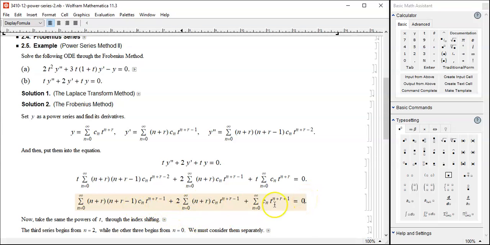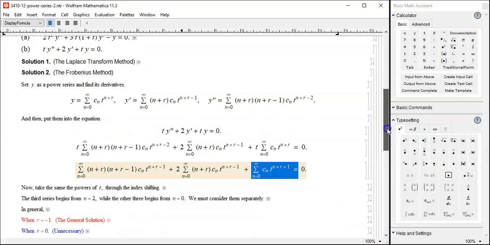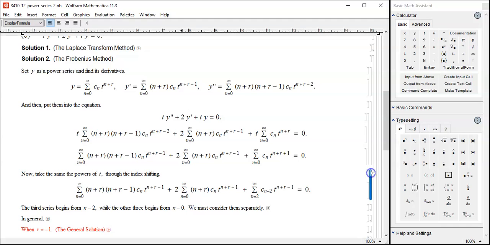Now compare all these series, and these two have the same powers, and this one doesn't. So these two are okay, and this one, the third one, will require some index shifting. Okay, let's apply some index shifting here.